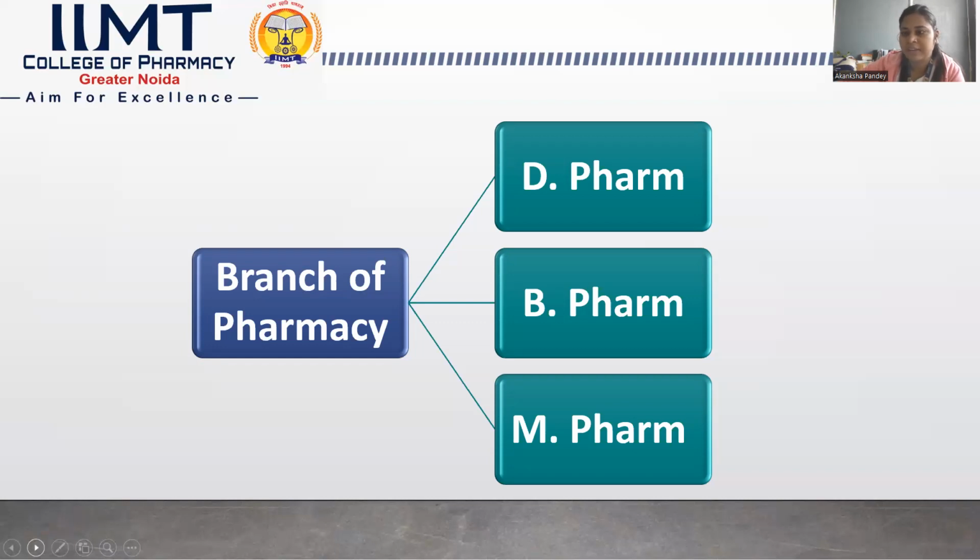Moreover, we have recent advances in specializations like quality assurance, quality control, clinical pharmacy, and cosmeceutics. Moreover, MTech and MS have also been introduced in the master's branch of pharmacy by national level institutes.